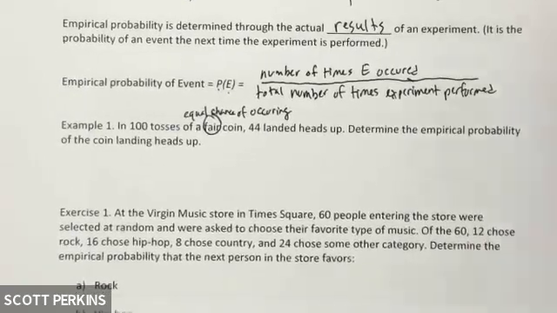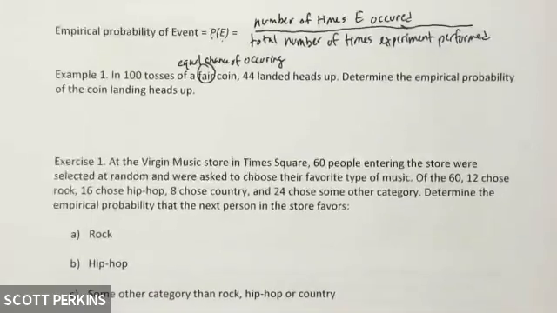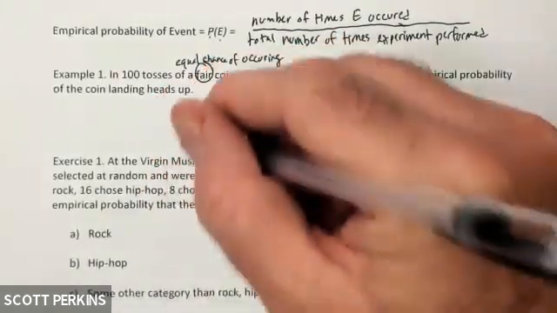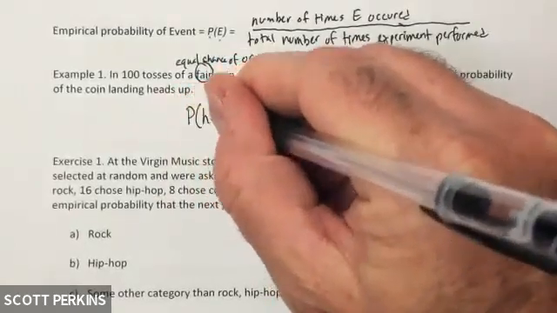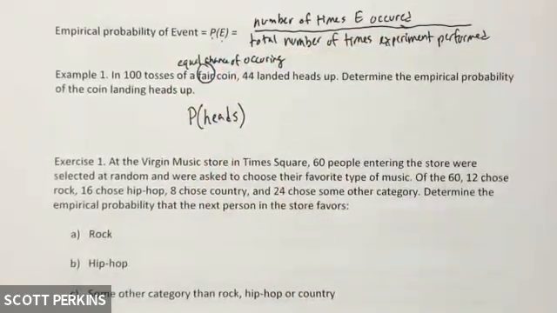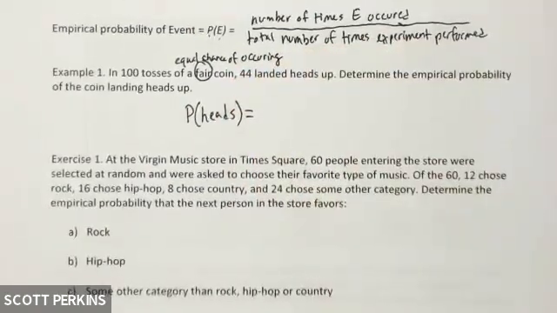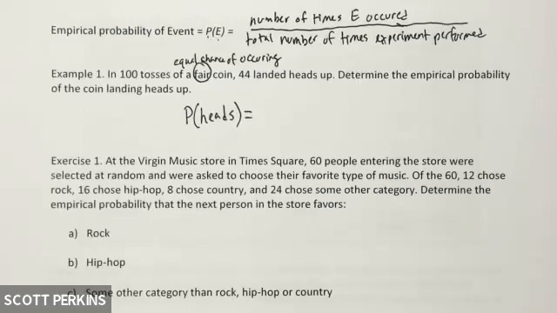I don't think this is too big of a deal, I wouldn't even have to do this and you all could get this, but I just want to show you the notation. So I'm going to calculate the probability of getting a heads on my coin. And all probability is just a ratio.